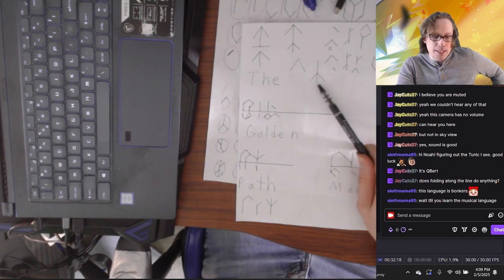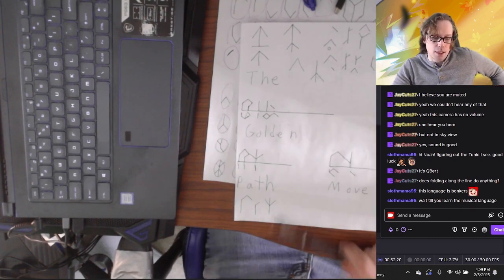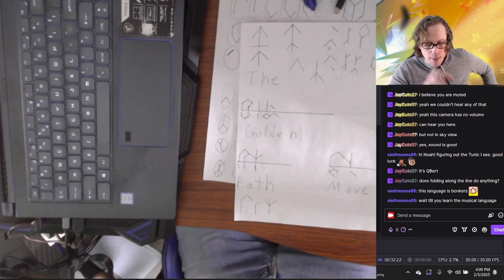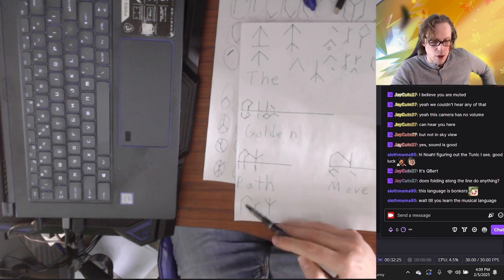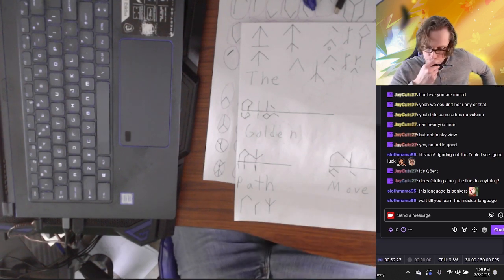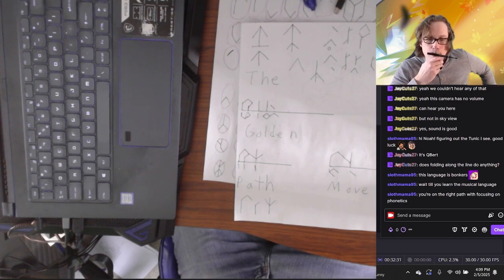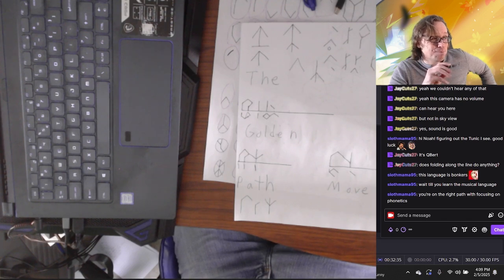Maybe that's it. Maybe this is a stressed TH and this is an unstressed TH. This is a long A, hence the long part, and this is P. That's an idea.